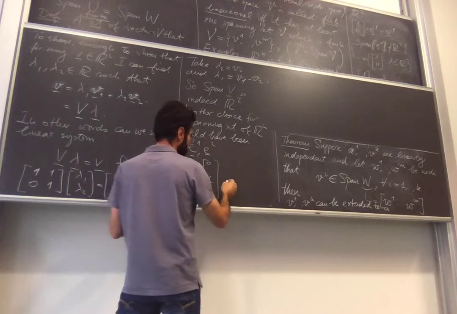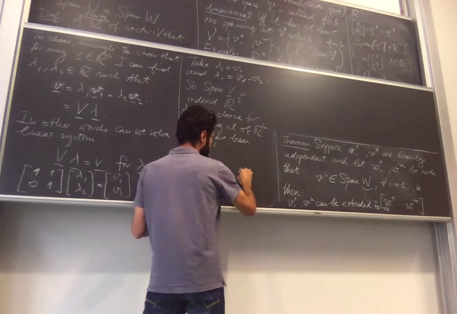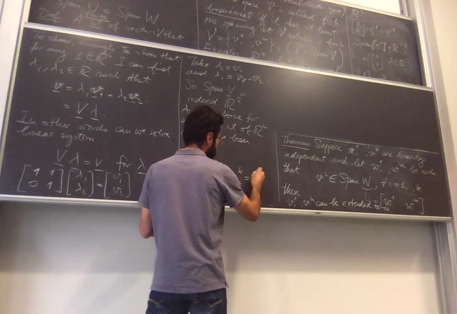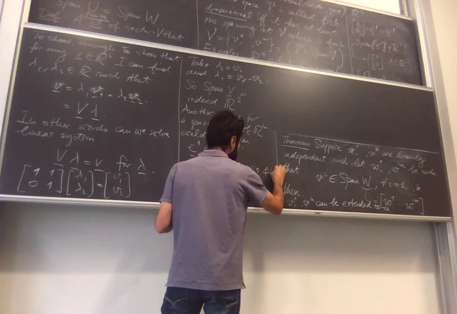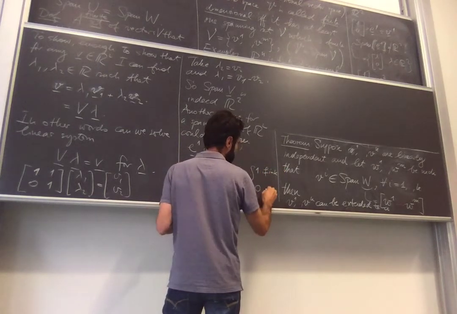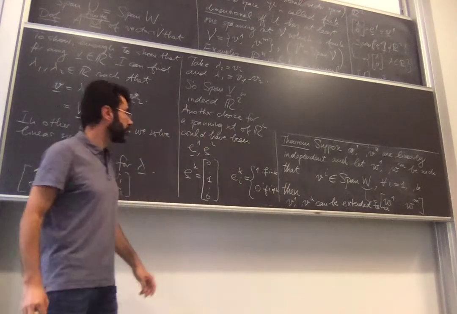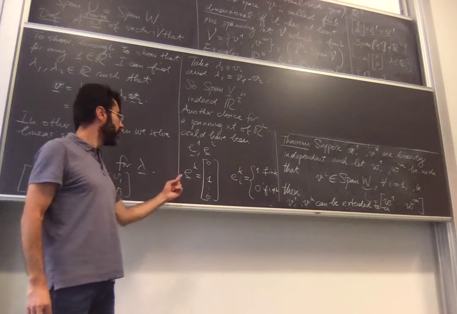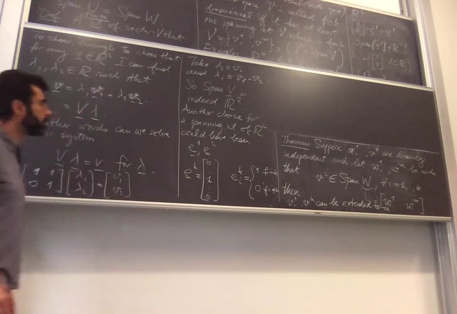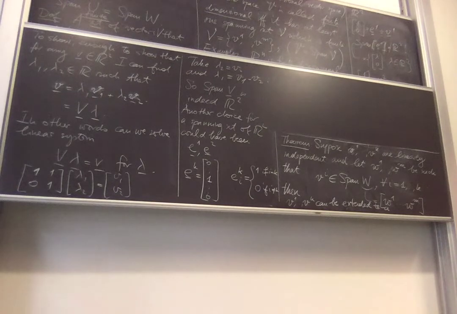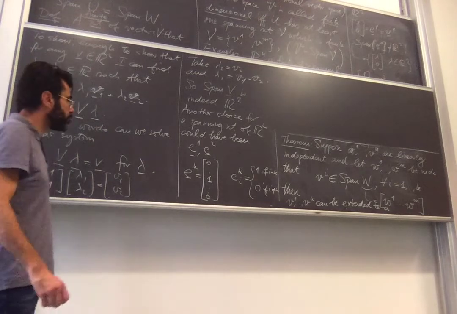In other words, the coordinate i of Ek is simply equal to 1 if i is equal to k, 0 otherwise, if i is different than k. That's basically what these E's mean. We use this notation, which is almost standard notation in all linear algebra texts.